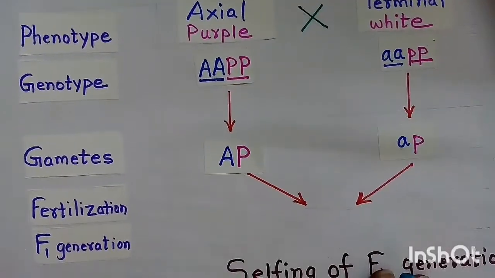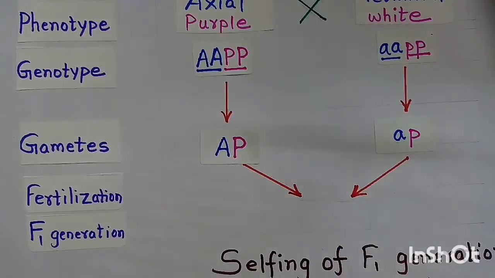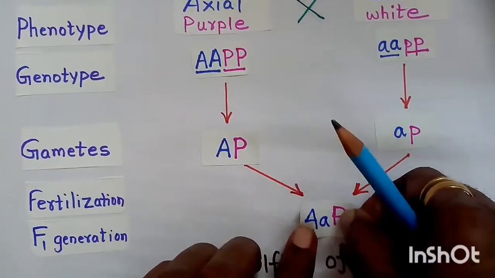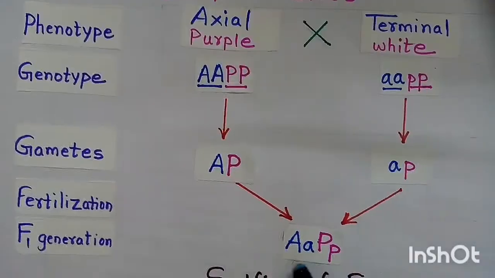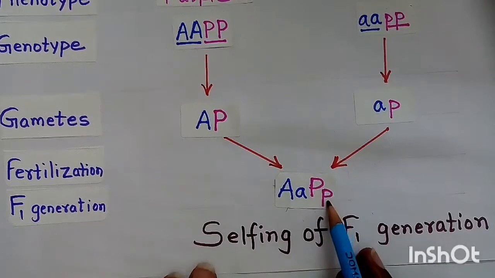And after fertilization of male gamete and female gamete, we'll get our first generation, and it will be heterozygous, that is capital A small a and capital P small p.